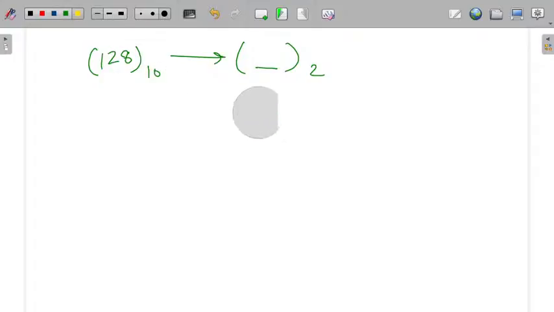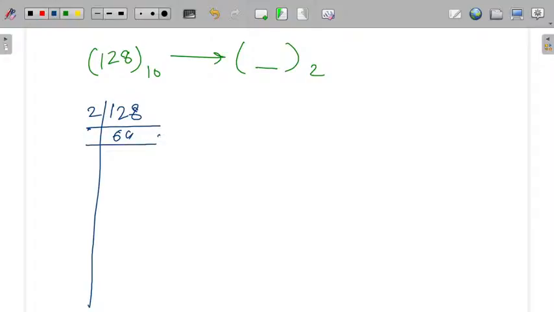So 128, going to divide by 2. 2 6s are 12, 2 4s are 8, 0, then again 2 3s are 2, 2 2s are 0, 2 16, 2 8s are 0, then 2 4s are 8, 0, 2 2s are 4, 0, 2 1s are 2, 0, and 2 0s are 0, 1.